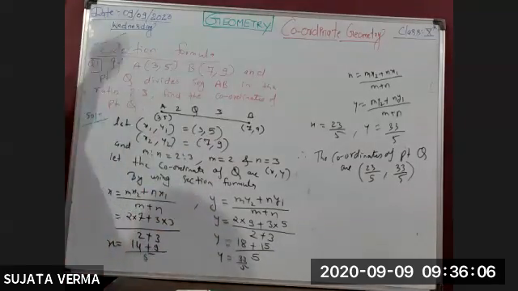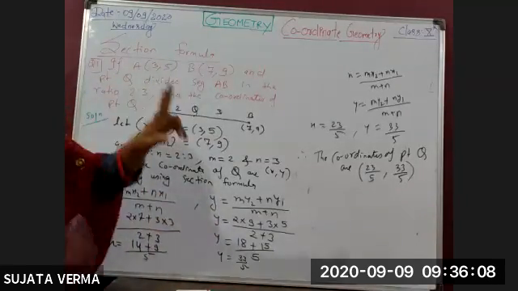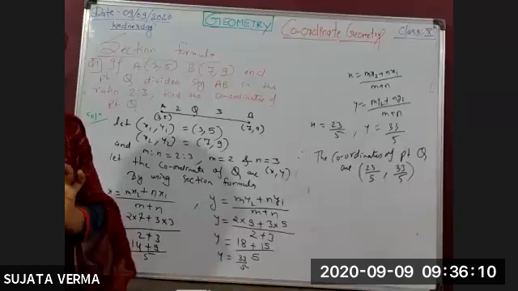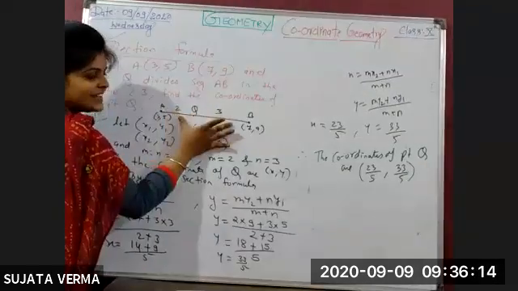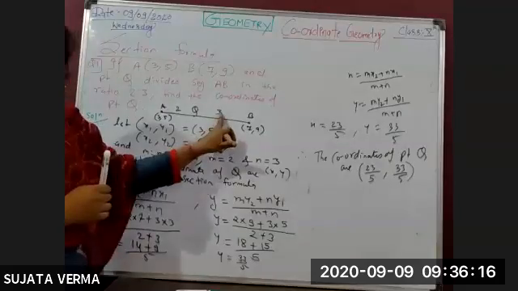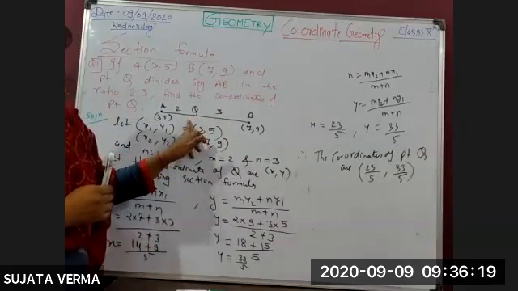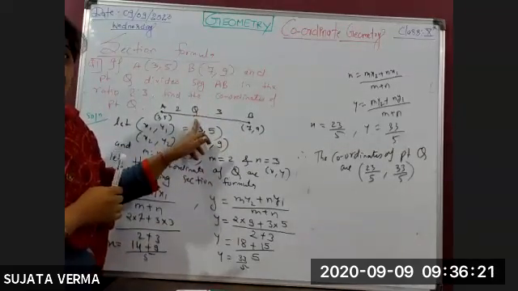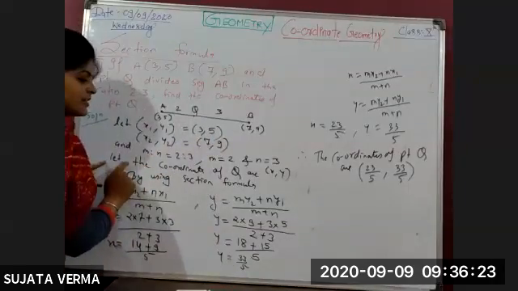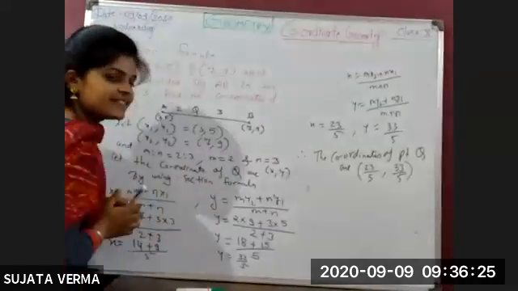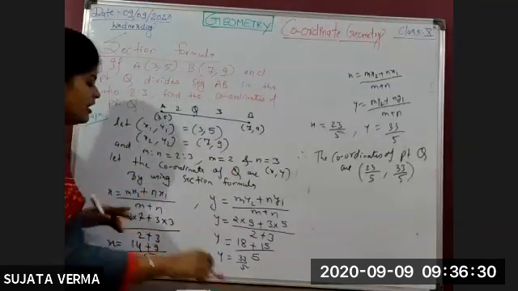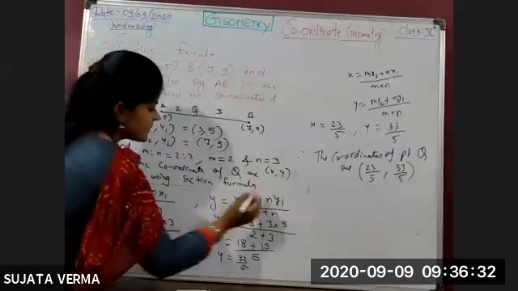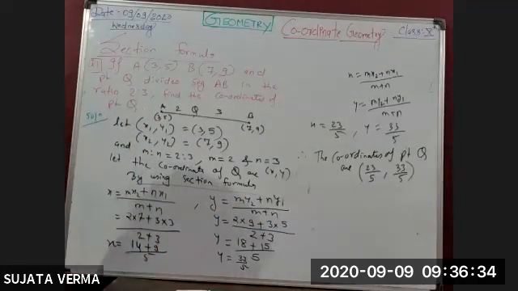What is given in this question? 2 points are given and their ratio is given. So the third point divides the line segment in the ratio 2:3, and you have to find the coordinates of Q. So first we consider the coordinates of Q as x, y, and then by using the section formula we find the values of x and y. Take this screenshot.